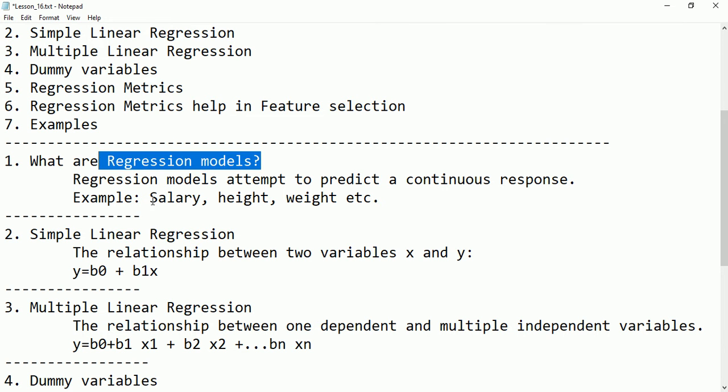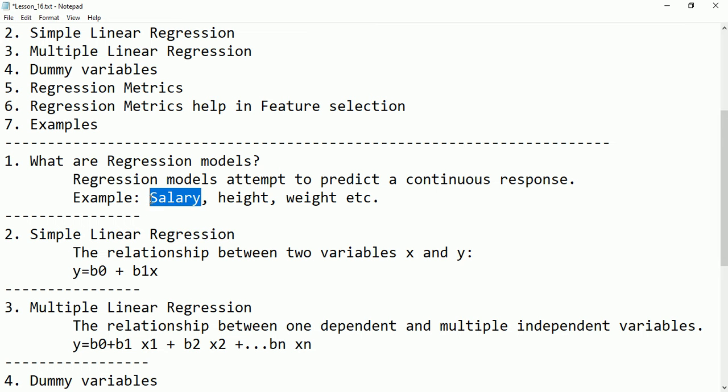For example, if you are predicting the salary of employees, we have to provide some data for the model, maybe the qualification of the person, seniority, or work experience of the person, or some other features, and based on that the model should predict the salary of the employee.